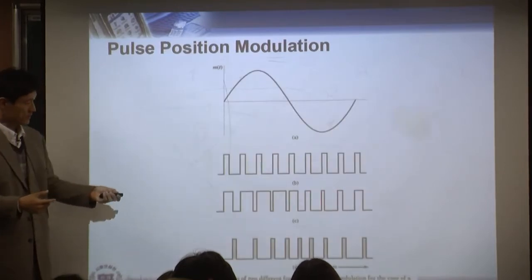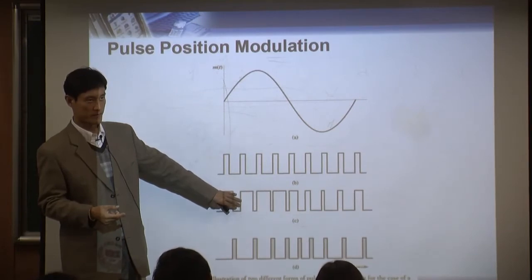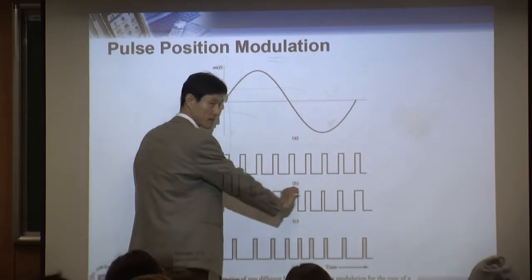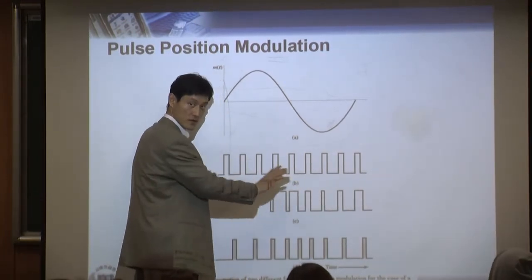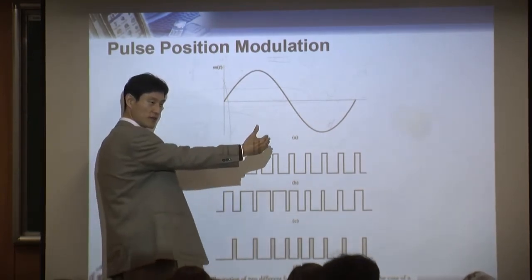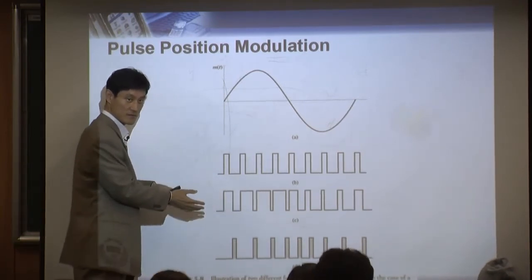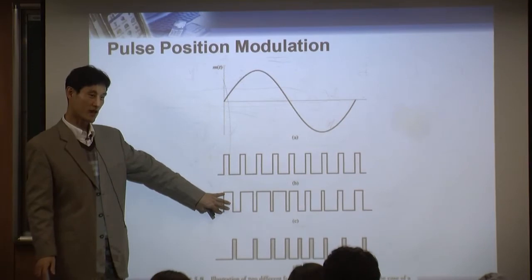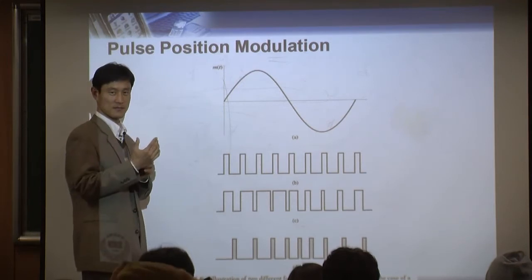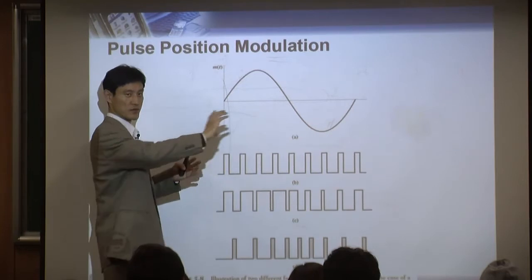Now, look at here. What's this one? PWM. This one, amplitude is not going to be changed. Amplitude is always the same, right? The only difference is that this pulse width now changes. Sometimes fat, sometimes narrow. That is what is changing, depending on the information, right? So this one almost the same as FM. I mean, somehow, right? In the analog FM, what happened? In the analog FM, the amplitude is always the same, right?